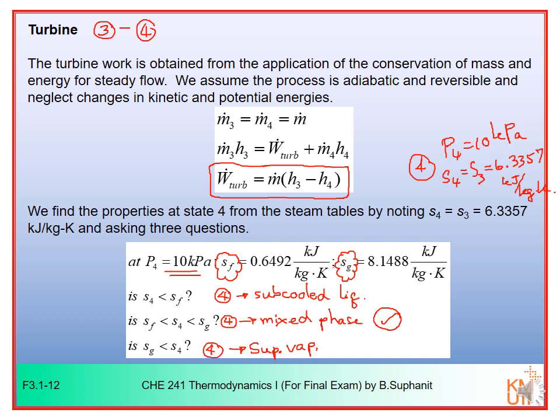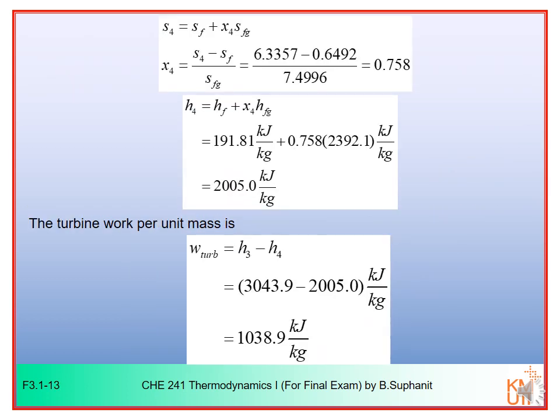Now, since it's in the mixed phase region, the property would have to be the weight average of the properties of the vapor portion and the liquid portion. So you have to determine the vapor fraction or the liquid fraction first. You can determine the vapor fraction by using the mixture property equal to the weight fraction of the vapor and the liquid properties.